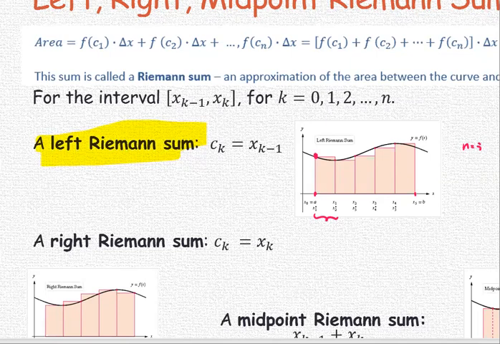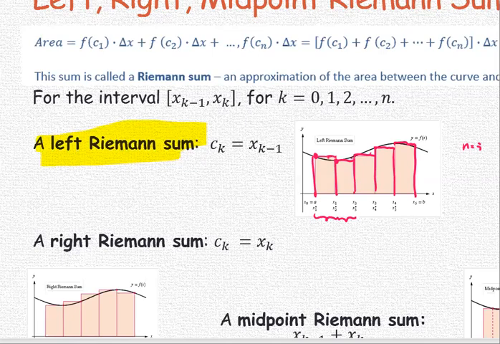So use that point to calculate the height of the rectangle. And then for the next subinterval, the left end is at x1. Use x1 to find the height of this rectangle. Use the same technique, the left endpoint, to calculate the height of the function for the left Riemann sum. So you're going to have some extra area or you are losing some area.